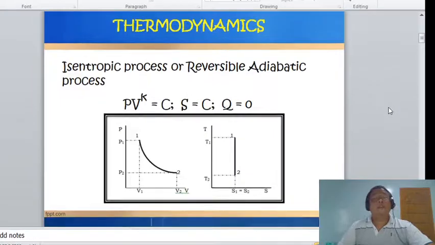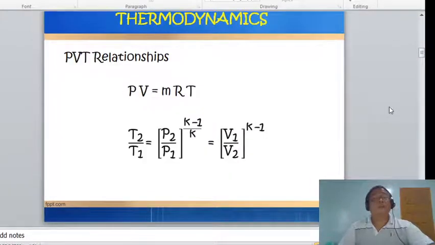Let us now go to the PVT relationship of this process. Again, for the ideal gas equation, PV is equal to mRT. Getting now from the equation PV raised to k is equal to constant, or P1 V1 raised to k is equal to P2 V2 raised to k.